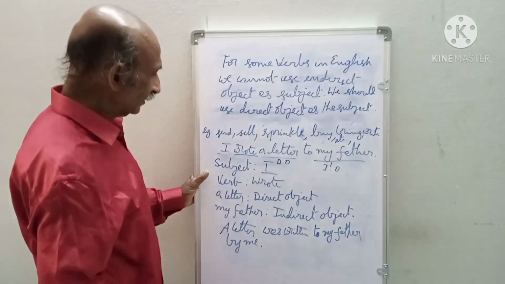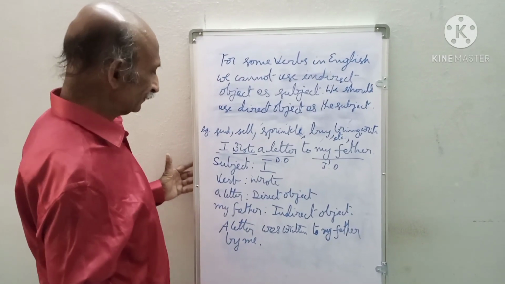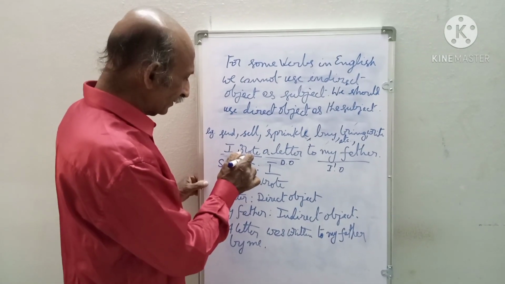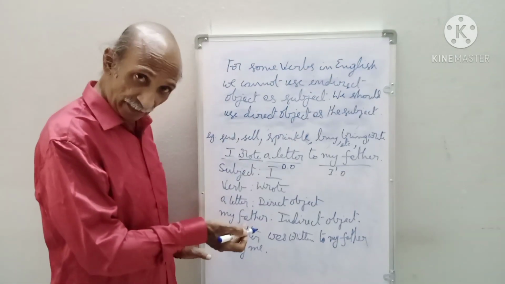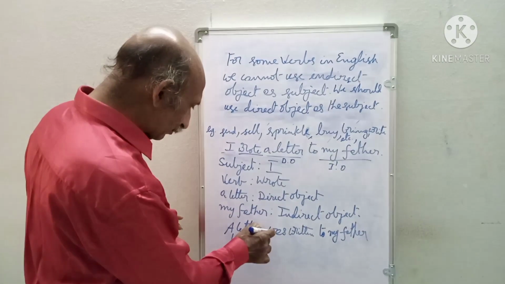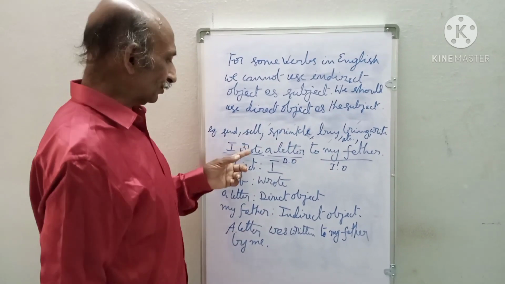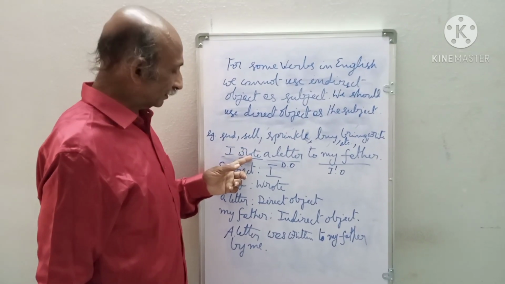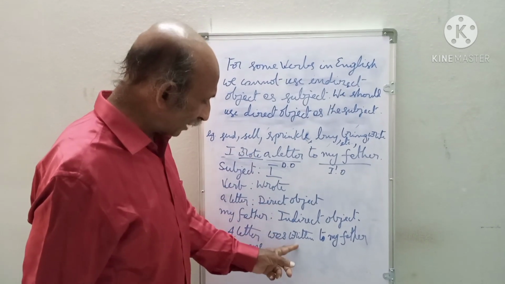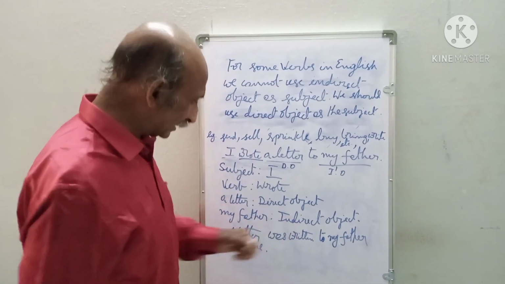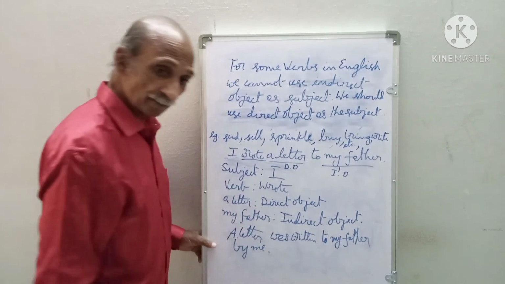A letter. Now the next is as usual. Wrote is the past form. Forms of being past form are was or were. Here was is suitable to the subject. A letter was wrote, that is the verb. That should be changed into past participle form, written. The letter was written to my father by me.